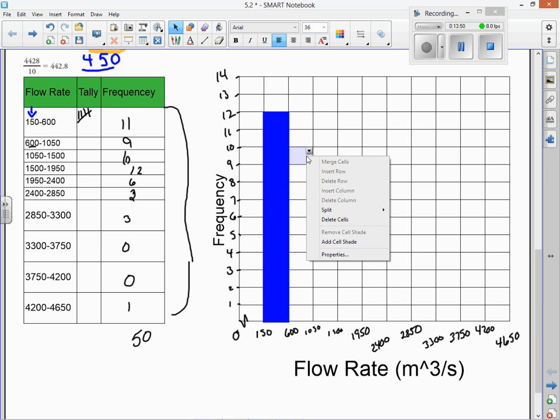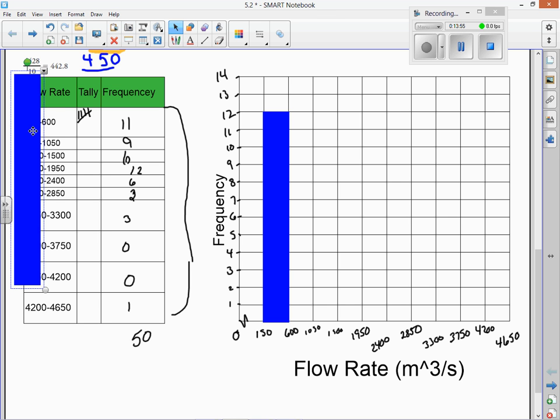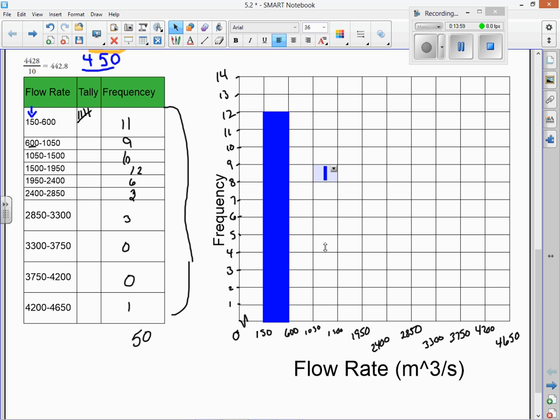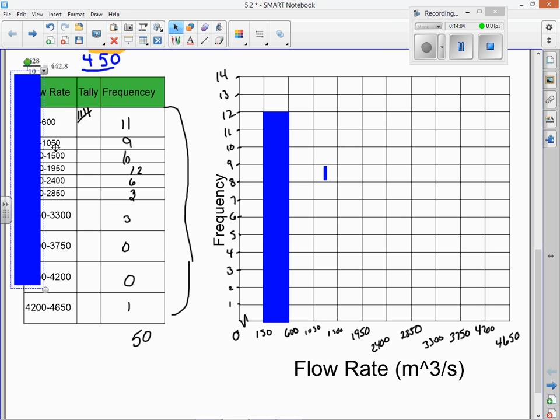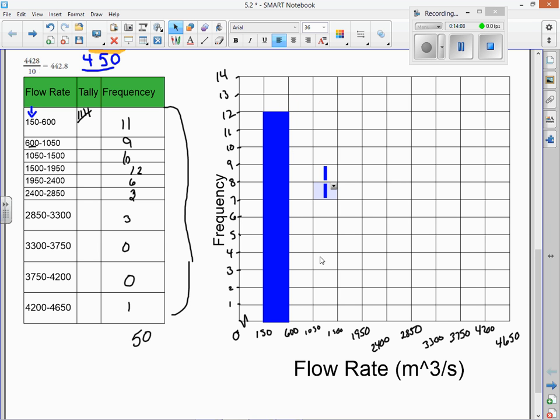The next one's at 9. This one, and I will. Okay. Just undo that.